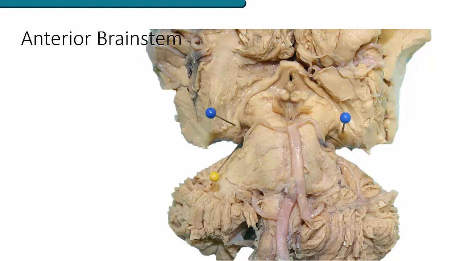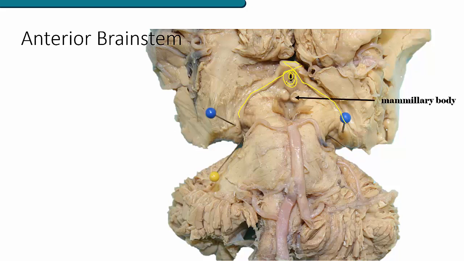Turning around what we just saw, so now instead of looking at the posterior aspect of the midbrain, we're now looking at the anterior aspect of the midbrain. Again, note here, we have the optic chiasm coming through, and then we can see the optic tract on either side. We can see the hole that was created by the pituitary stalk coming through there, and so of course the floor, which is the median eminence of the hypothalamus, we can see right here.